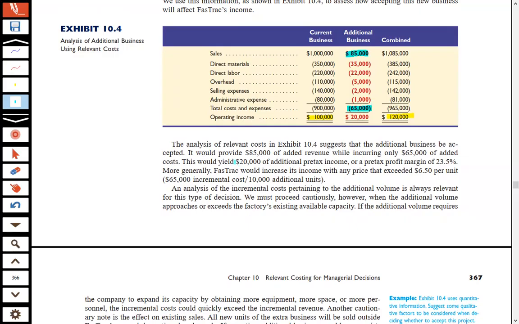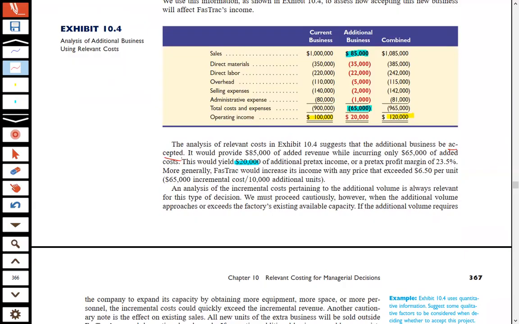So this would yield 20,000 of additional pre-tax income. If there is a tax, it would be lesser. So it would be additional pre-tax income, or a pre-tax profit margin of 23.5%. If we calculate that margin, it will become 25,000. So the conclusion is that we will get additional income of 20,000. Therefore, this offer should be accepted.